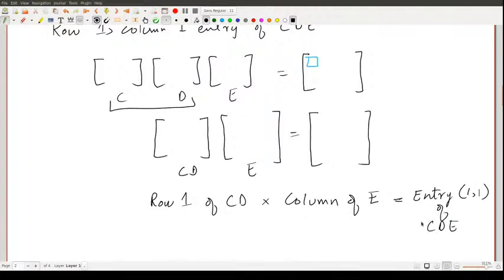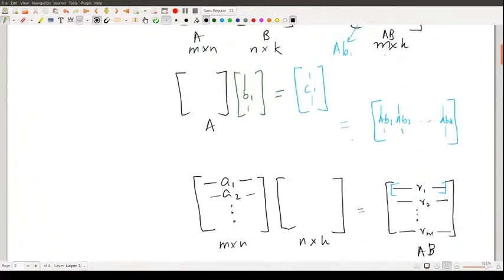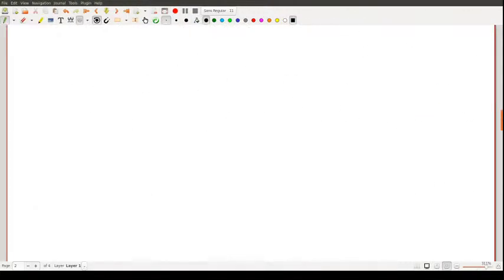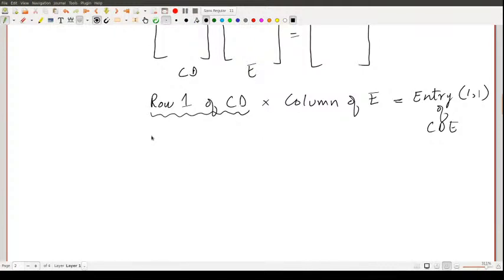And now we're not done yet, because we still need to find how we got this row 1 of CD. At this point we just need to go back to, let's say, part B of the same question, which asked us how do you find the first row of AB. The first row of AB is given by the first row of A times the matrix B. So I can use that information and say, okay, how do I find the first row of CD?